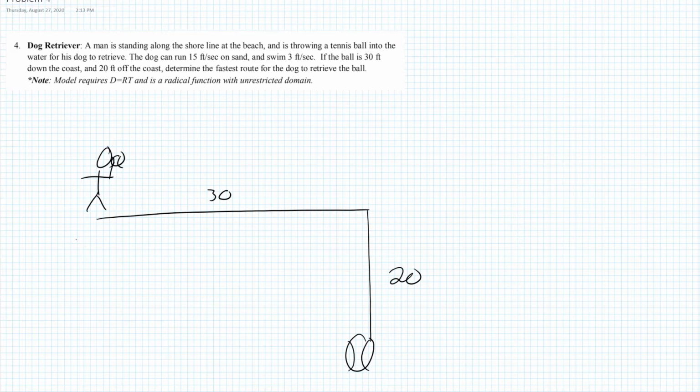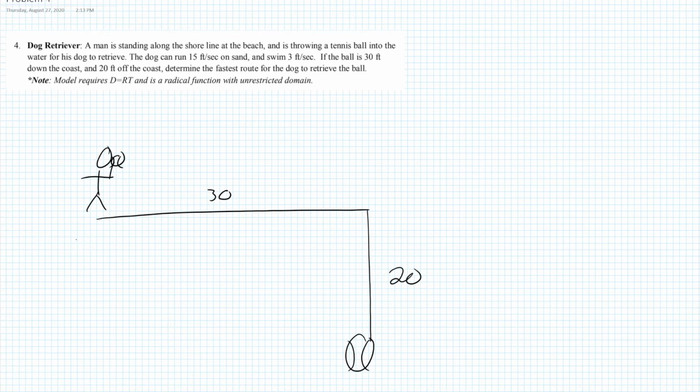And what your dog might do is just go straight through the water because he's not that smart. My dog is going to figure out what the fastest path is to get there, and he's not going to waste too much time calculating it because he wants to get that ball quick. But you can sort of think of what two extreme paths would be.